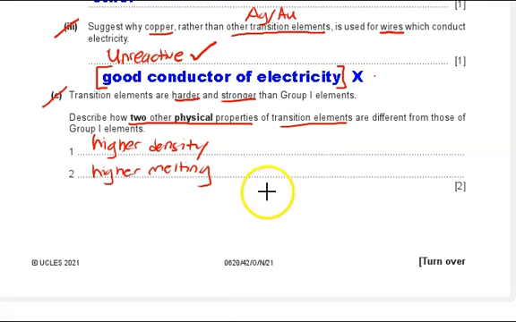And another is that they produce colourful solutions. So this is your answer. All right, we move on with the next one.